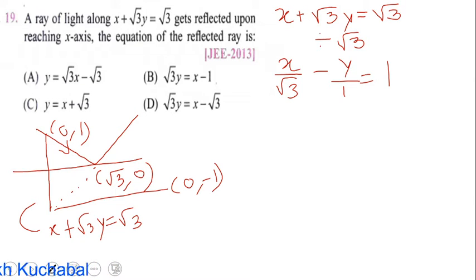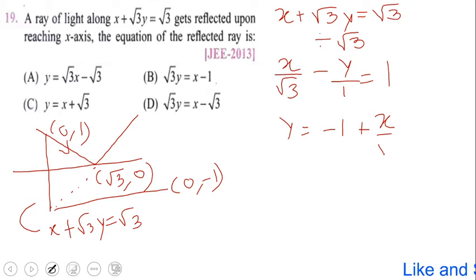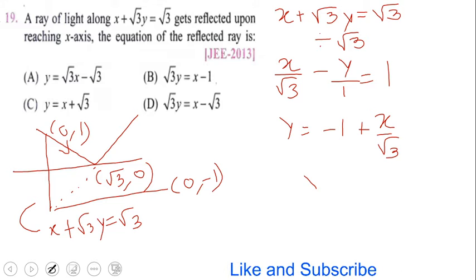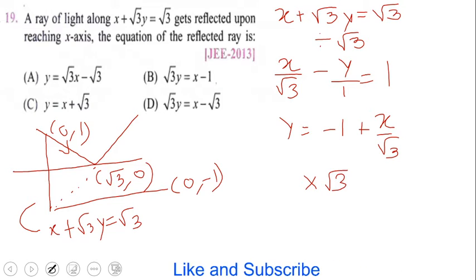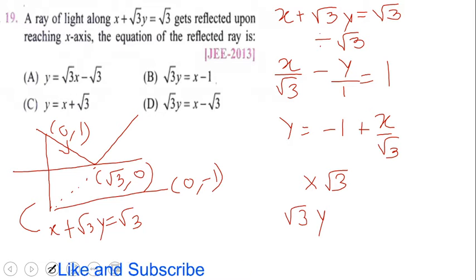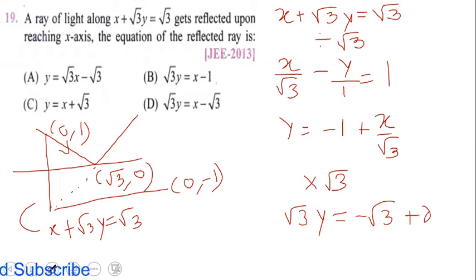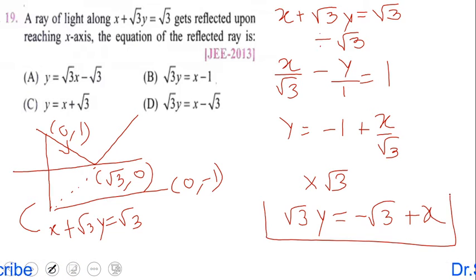So the y solution we get is minus 1 plus x by root 3. So taking the LCM for simplification, or else the entire equation we will multiply by root 3. Okay, so we get root 3 y equal to minus root 3 plus x here.